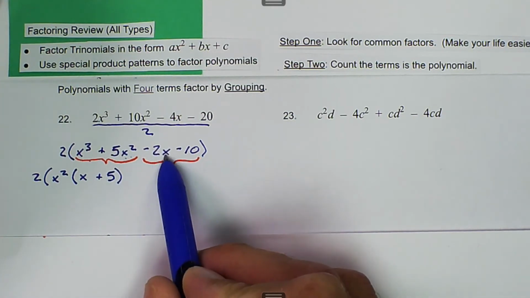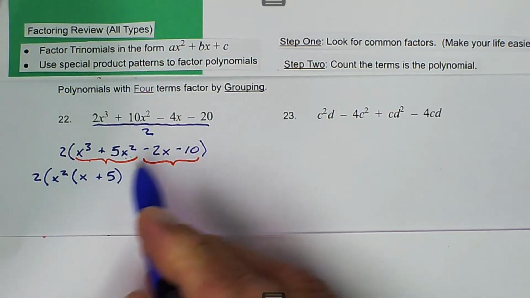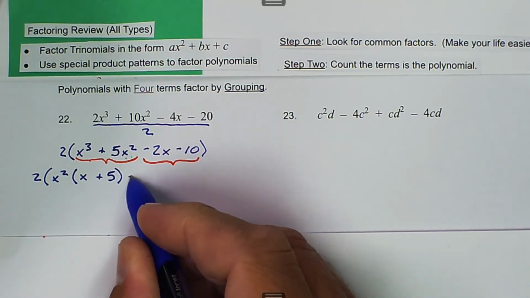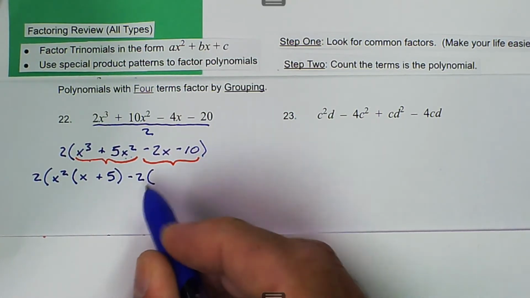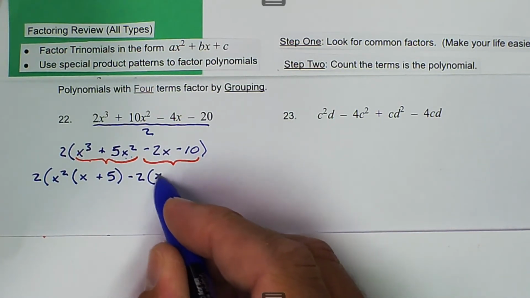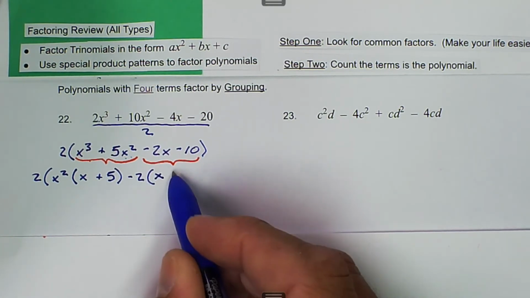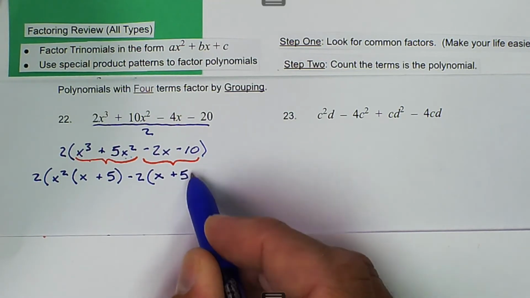So how do we make negative 2x become 1x? In that case, we're going to have to divide by negative 2. So if we take the negative 2 out, that just leaves us with x. And then if we take negative 10 divided by negative 2, that becomes positive 5.